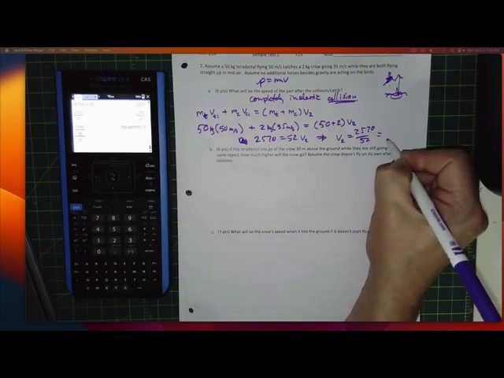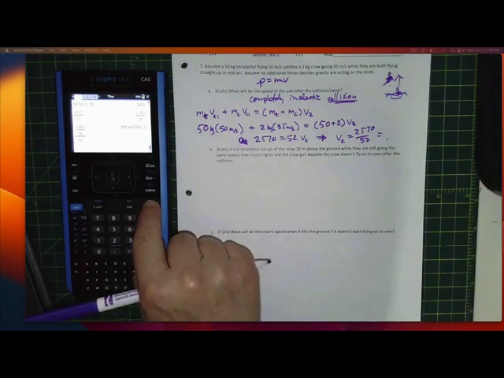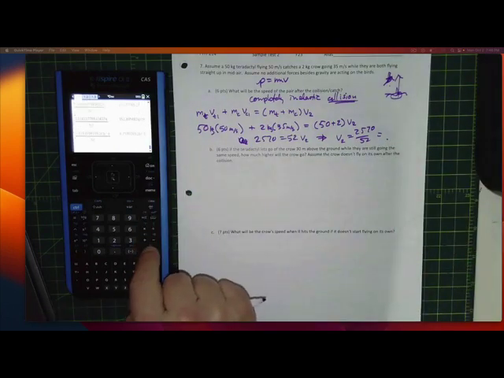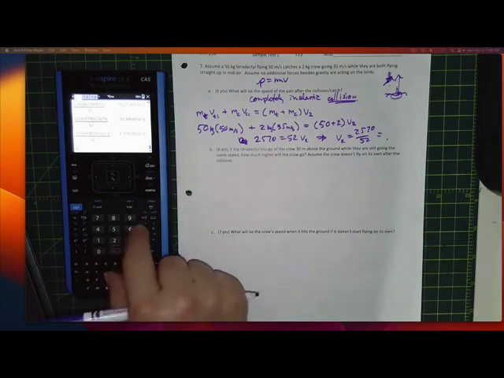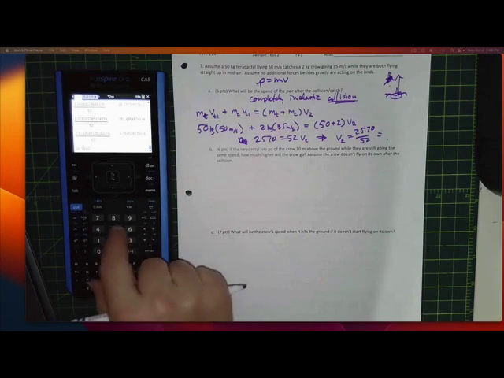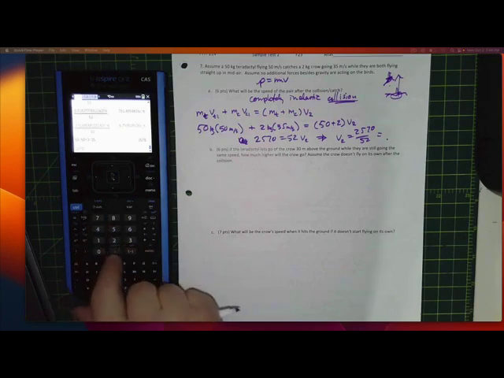V2 is, something's wrong here. Let's do that again. 50 times 50 plus 2 times 35. 2570, yes. 2570 divided by 52.